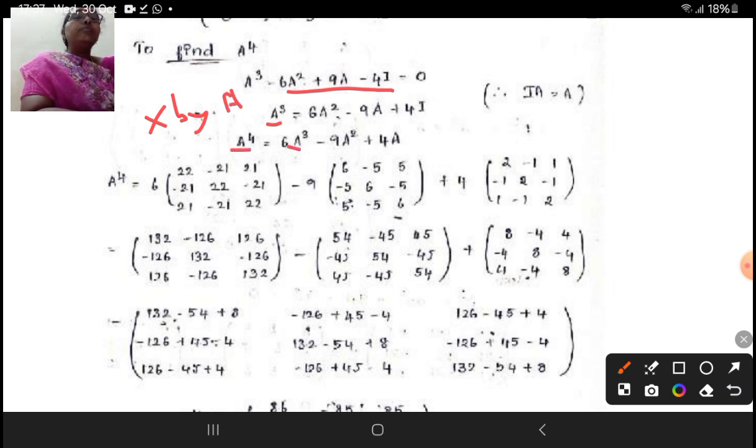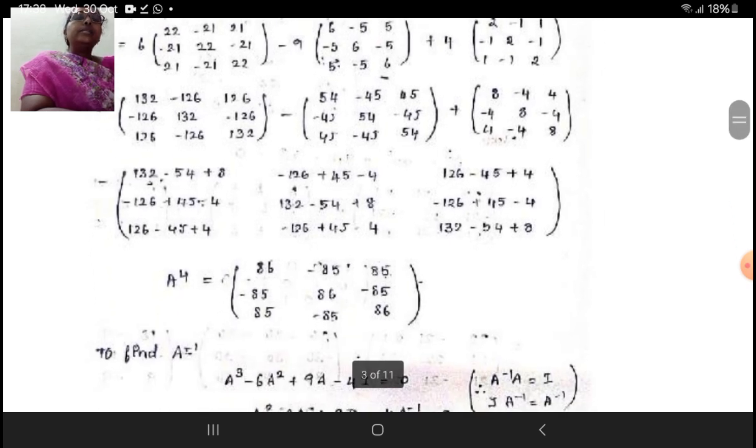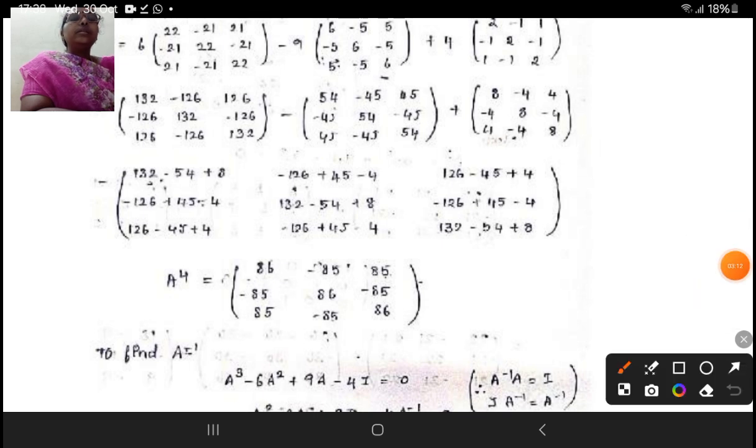So each and every term gives the A power 4 value. Then if we substitute A cube, A square and A, we get the same matrix addition and subtraction only. With matrix addition and subtraction we easily get the answer for this matrix.